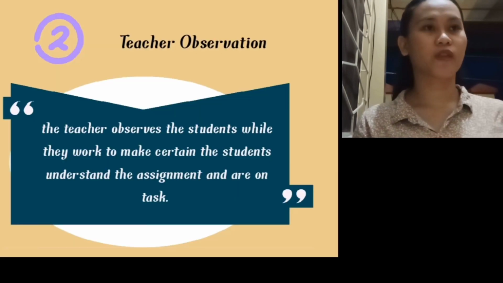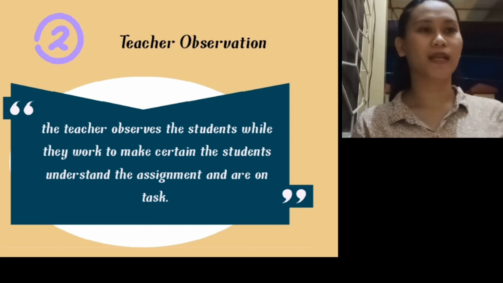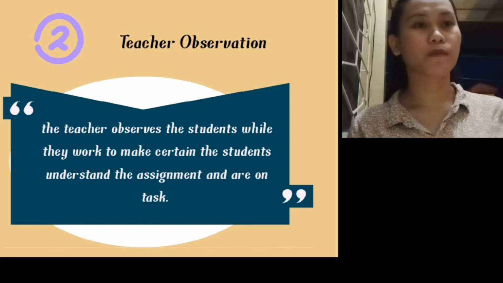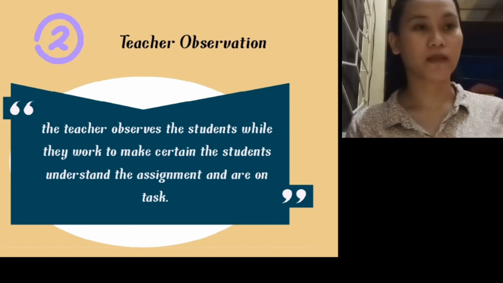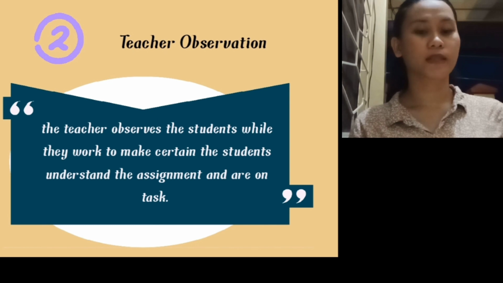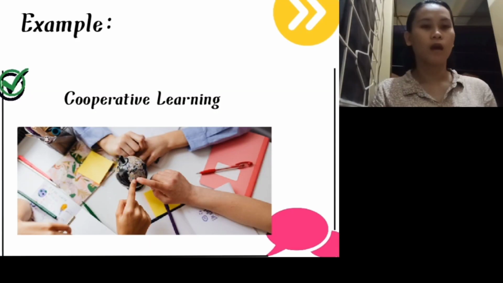Next, we have teacher observation. The teacher observes the students while they work to make certain the students understand the assignment and are on task. One example is cooperative learning. Teacher observation is a method used by teachers to monitor student progress and ensure the comprehension of the assignments.